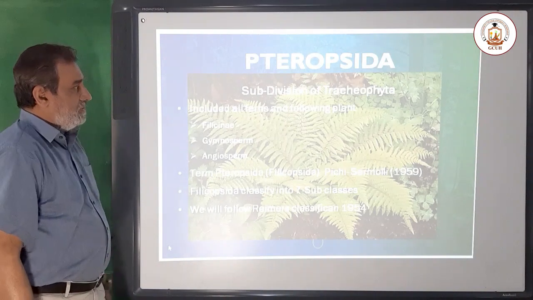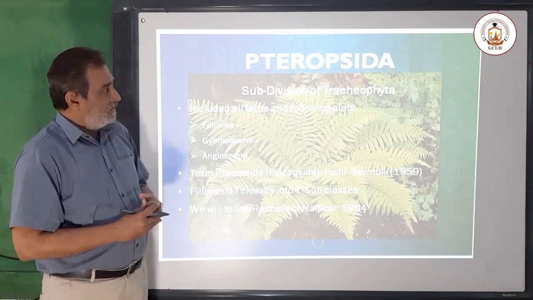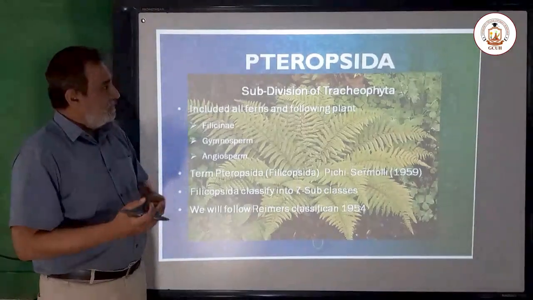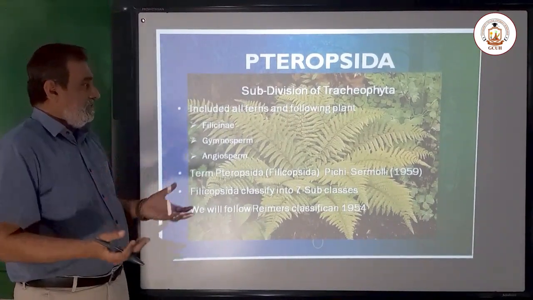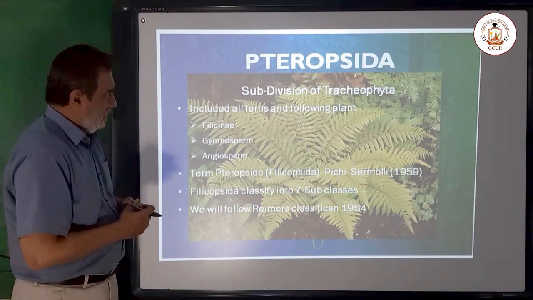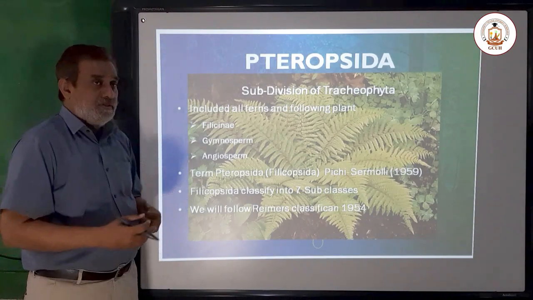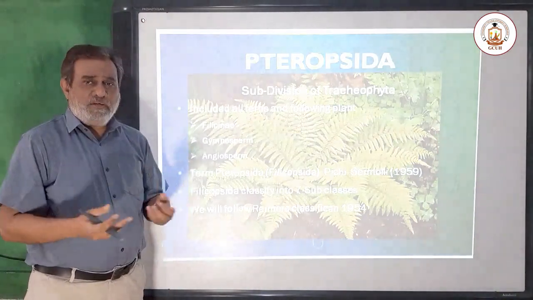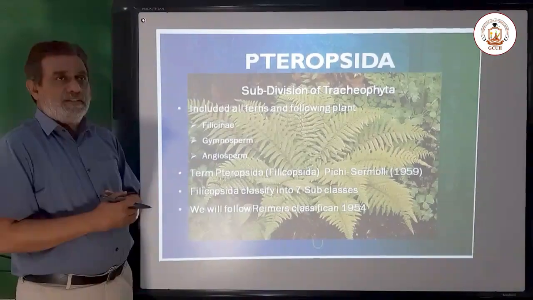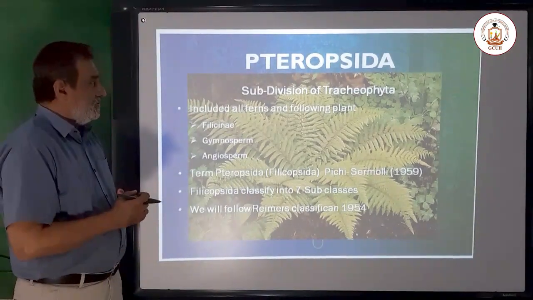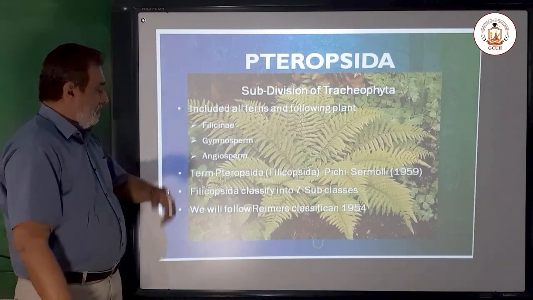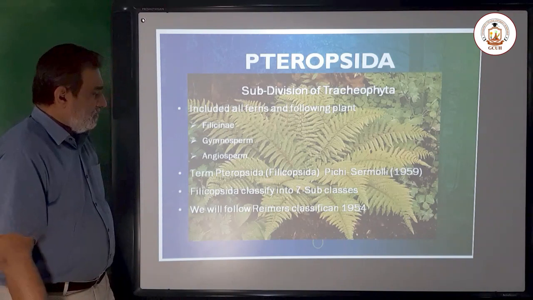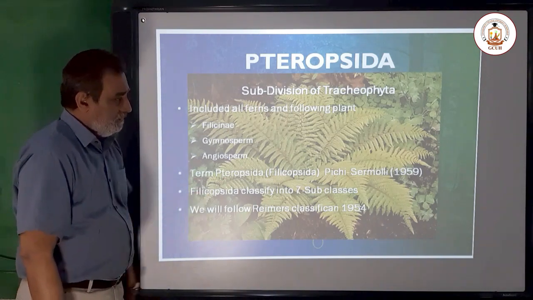In the Pteropsida there are so many orders, but the familiar plants of this group are ferns. Last time I told you that we have divided the Pteropsida into Filicopsida, Gymnosperms, and Angiosperms.